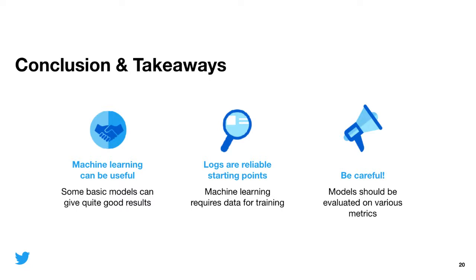The second key point is that machine learning jobs usually require some data for training. Especially for infrastructure related problems, we usually have a huge amount of logs. And we find that logs could be a pretty reliable starting point for machine learning jobs.